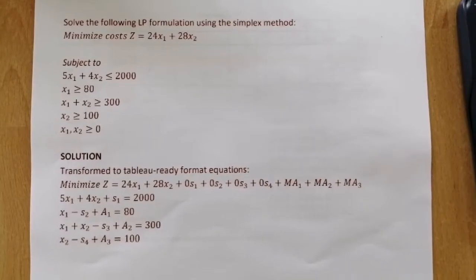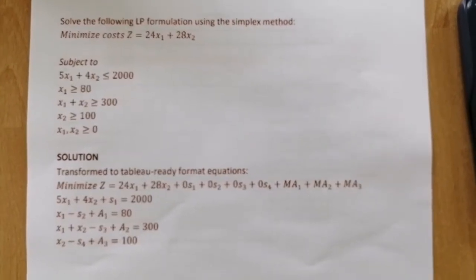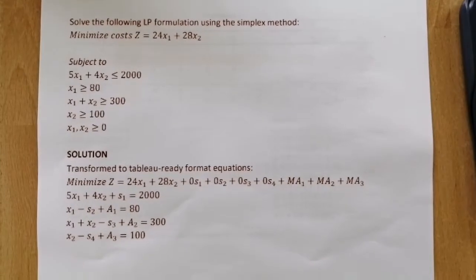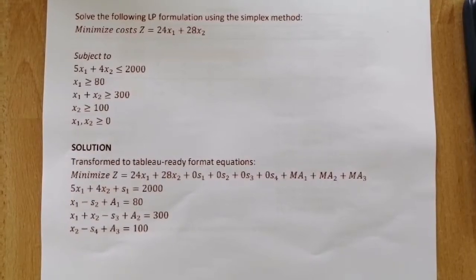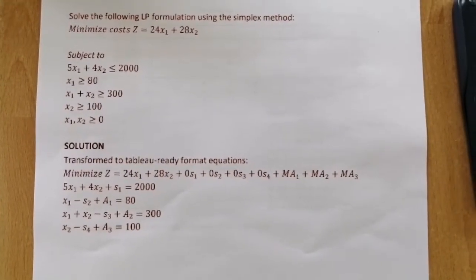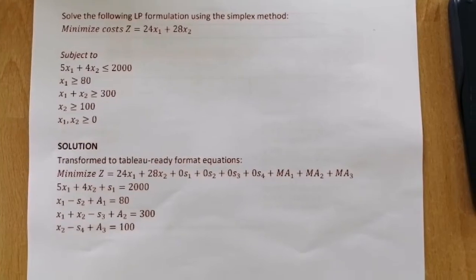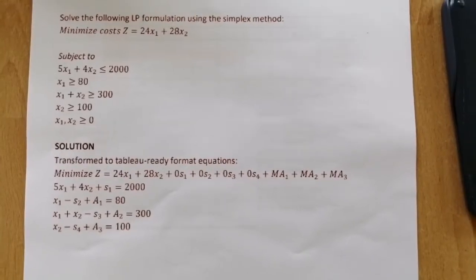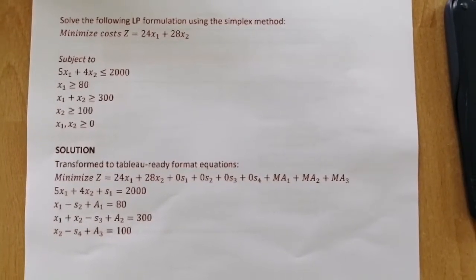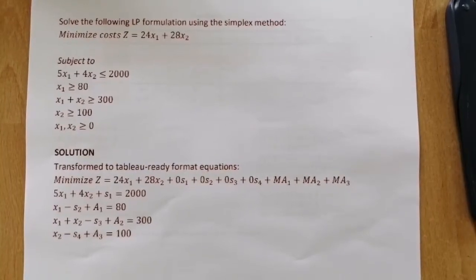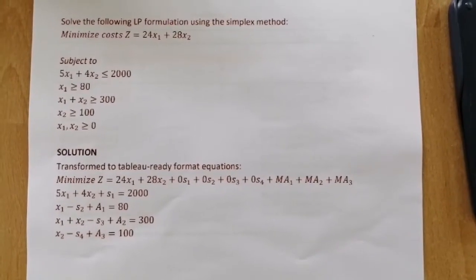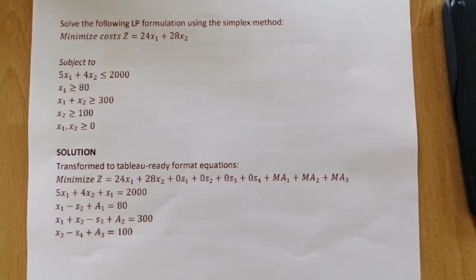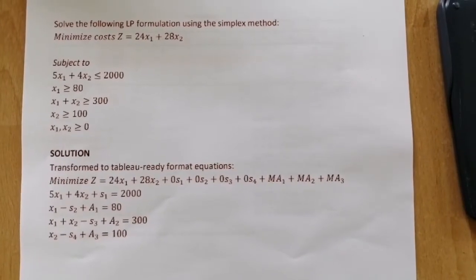Our objective function is z equals 24x sub 1 plus 28x sub 2 with the constraints 5x sub 1 plus 4x sub 2 less than or equal to 2000, x sub 1 greater than or equal to 80, x sub 1 plus x sub 2 greater than or equal to 300, x sub 2 greater than or equal to 100, x sub 1, x sub 2 greater than or equal to 0.